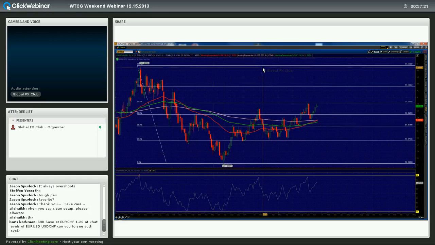So I think that we would need to see some really big divergence between dollar pairs, in terms of dollar Swiss and euro dollar, to get back down to test that euro Swiss level. So I think we would need to see euro dollar stagnate around here and then dollar Swiss get down to about 70. Not 70, 75, and we could see euro Swiss sitting at 120. I don't see it happening.